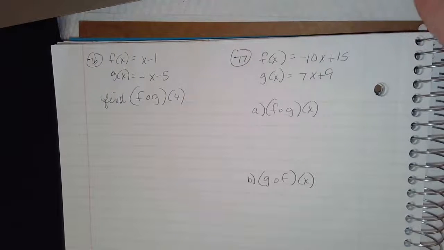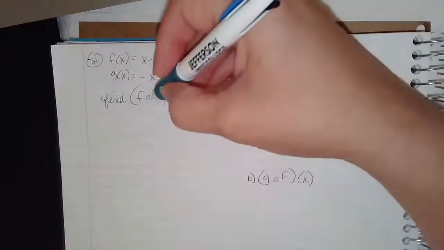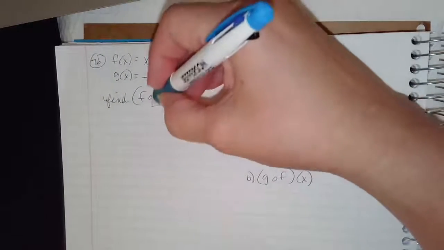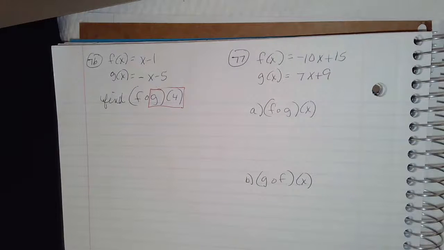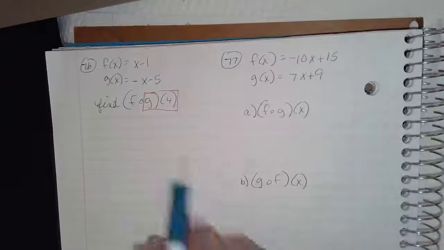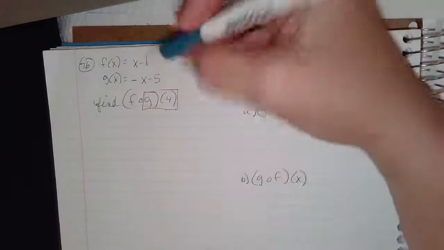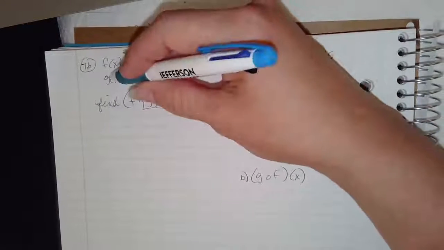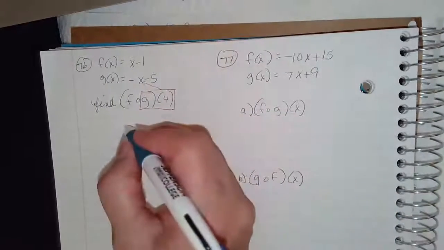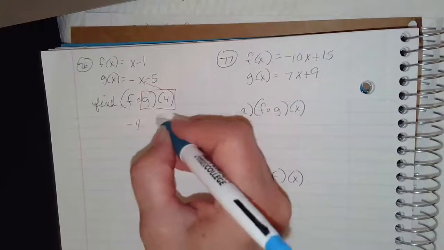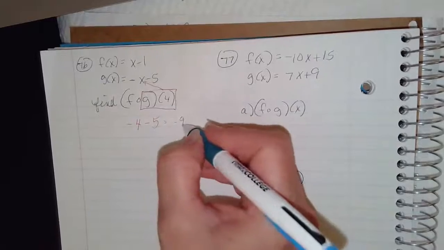Or probably the easier way, let me tell you the easier way, is to do g of 4, do this part. You always do the innermost part first. That's kind of an algebra thing. You always do the innermost first, work your way out. So we do g of 4, which means plug in into function g. Here's g, right? Plug that in for that x, which would be, there's a negative sign there, so negative, then the 4 minus 5, that's negative 9.